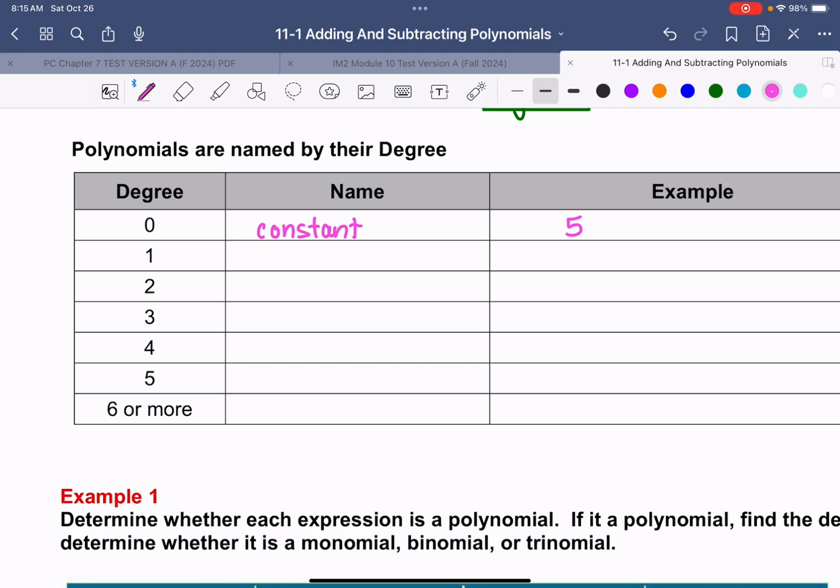Okay, if we have a polynomial that has a degree of 1, I can have something like 3x or 6x minus 1. These are both polynomials that have degree 1. Well, think about what that graph looks like. If we were to graph this polynomial, you know, if it was like y equals, these would be a line, right? So we call this a linear polynomial.